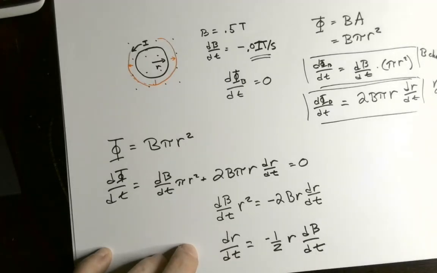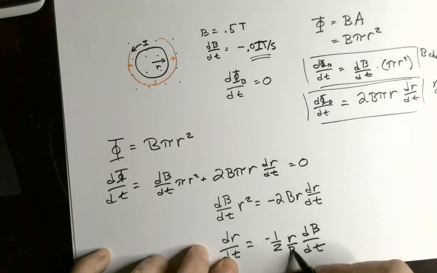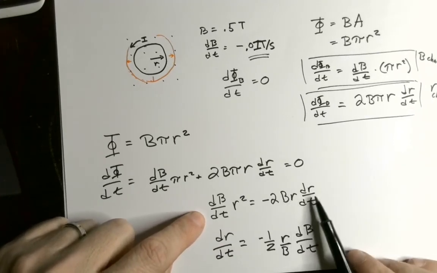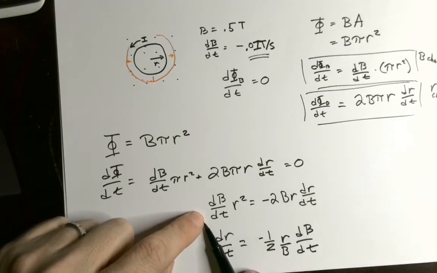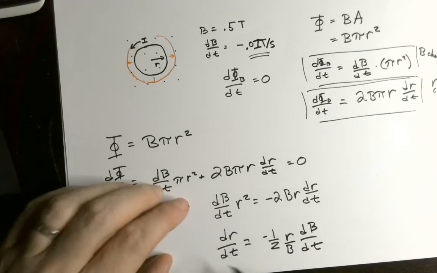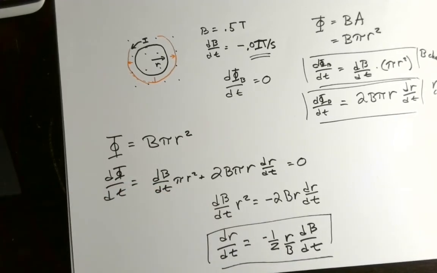I lost that B at first. All right, let me check our algebra. We solve for dr dt: I get a minus 1/2, I get r squared over r, and I get a 1 over B. So minus 1/2 r over B dB dt.